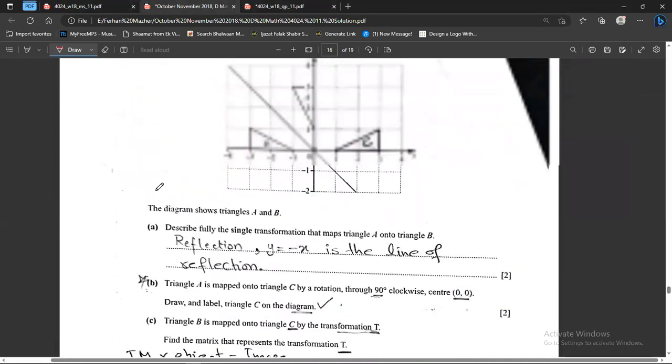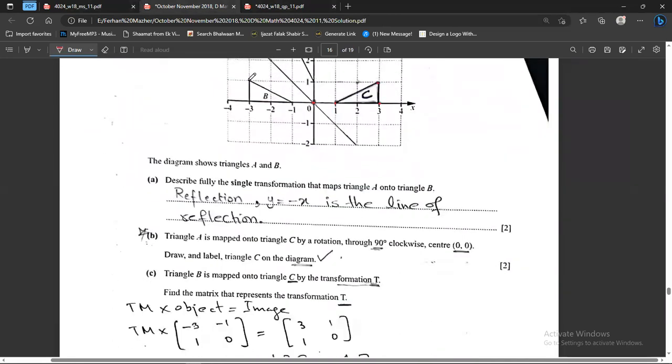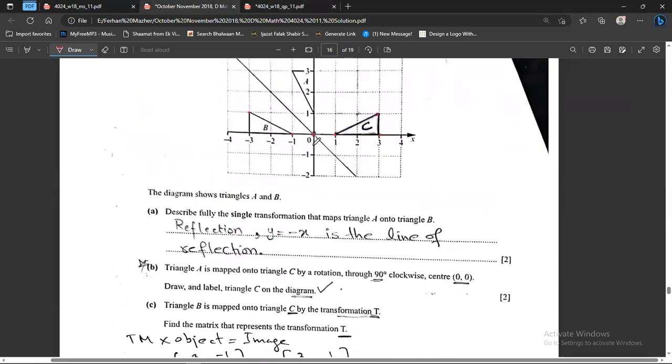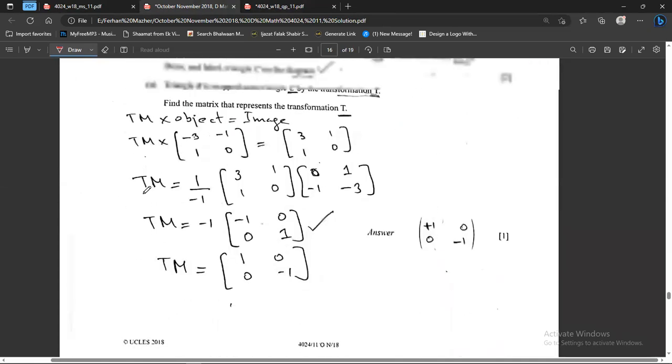For example, I have taken -3, 1 and -1, 0 as points on the object. The images of these are 3, 1 and 1, 0. So I will write down the object matrix and the image matrix, taking only 2 points in each, and these are the images of the 2 points we have taken in the object matrix.